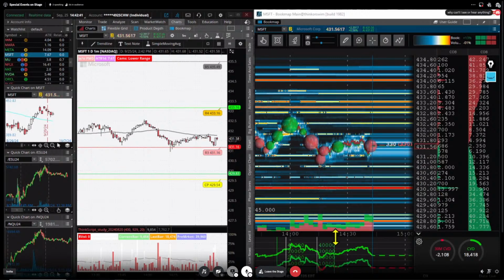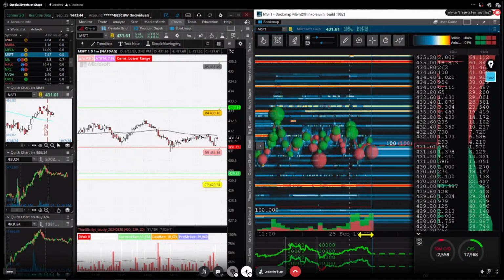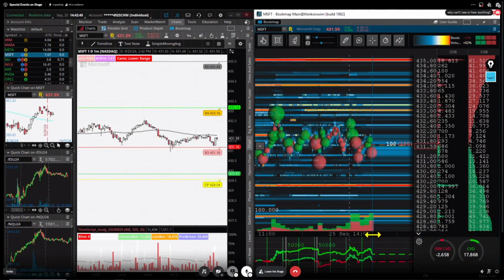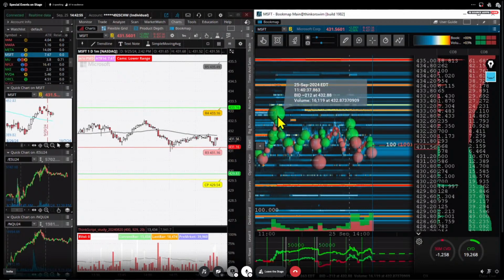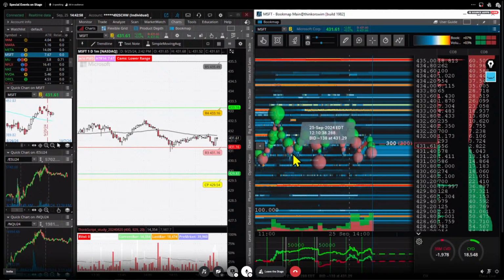So if you notice here on Bookmap, I want to show you the reason I went short on Microsoft. As you can see here, we bought and we absorbed off of this large order right here to the top side. And you can see that we fell off of it very aggressively.